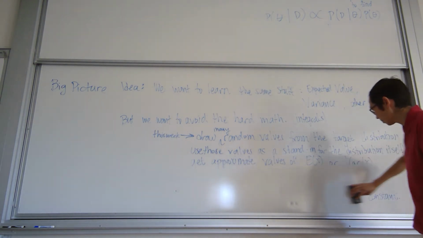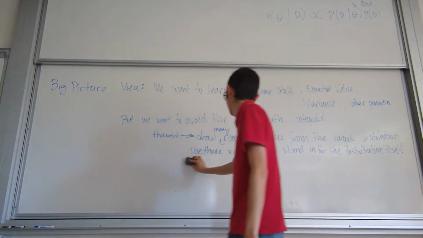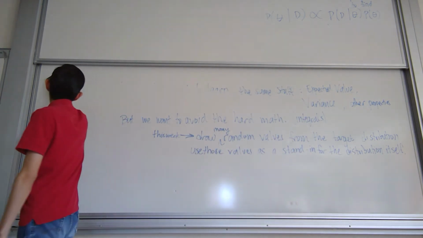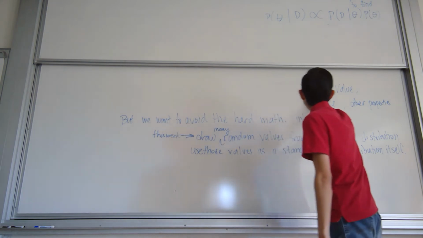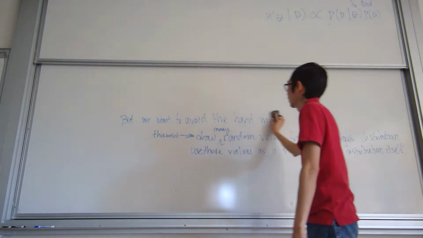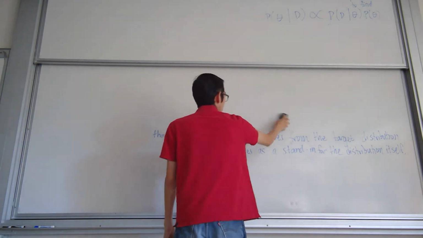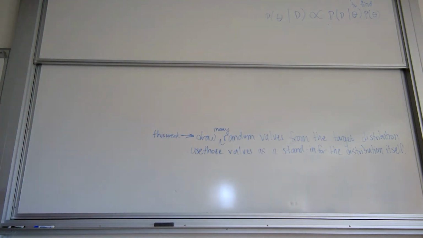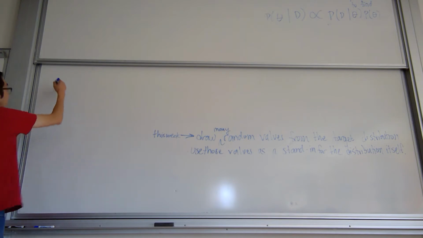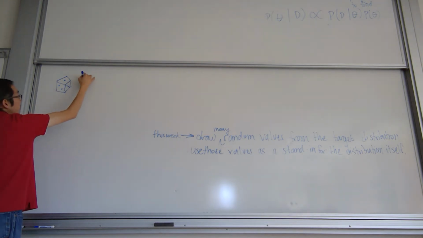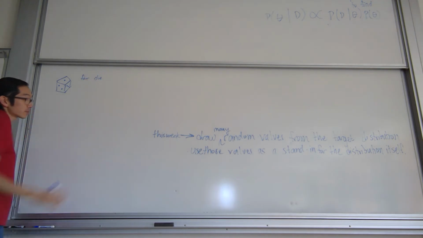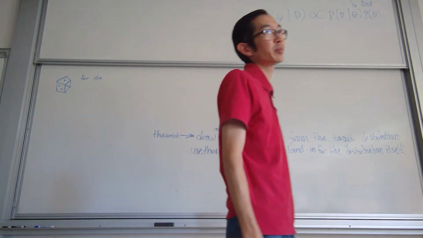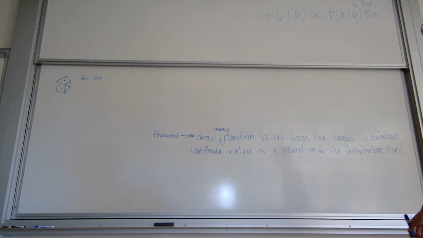So it's kind of like this, right? If you have a fair die, then when you roll it, each face should show up with probability what? 1/6, right?